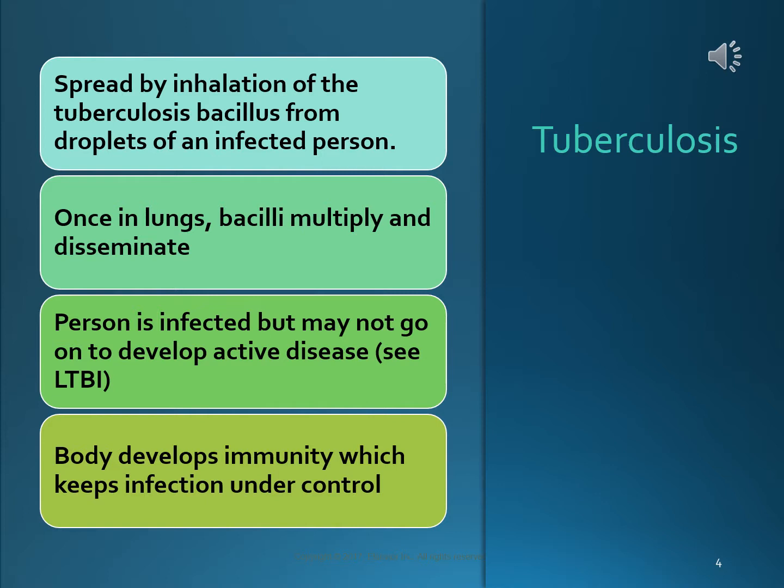And again, it will usually only develop when you have some sort of an immune system compromise, or when you become older and your immune system is not quite as effective. Your body develops an immunity, it produces antibodies, and it keeps it under control until something in your immune system changes.